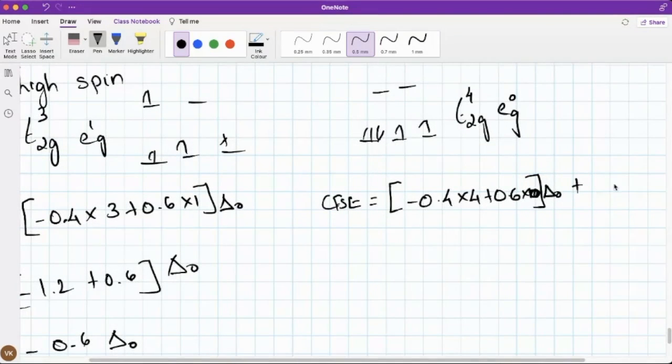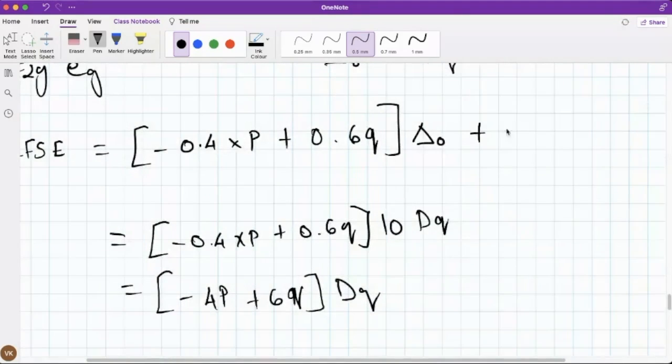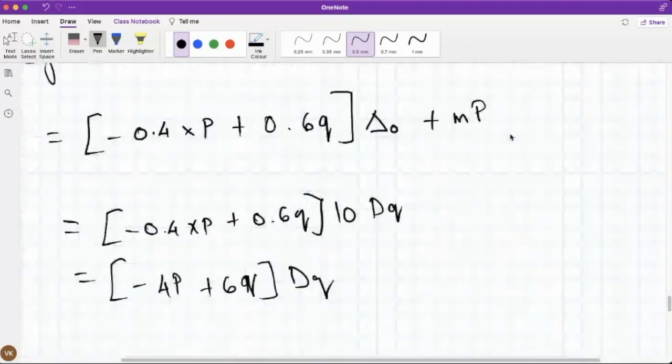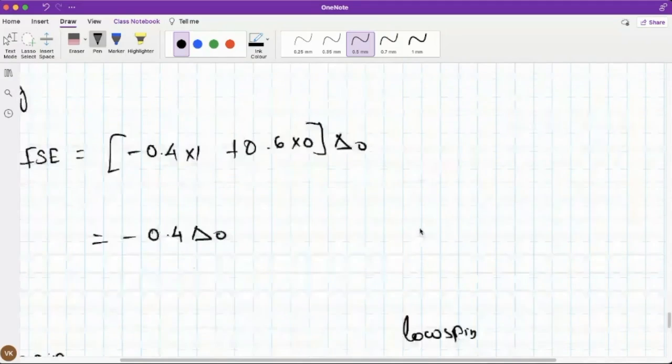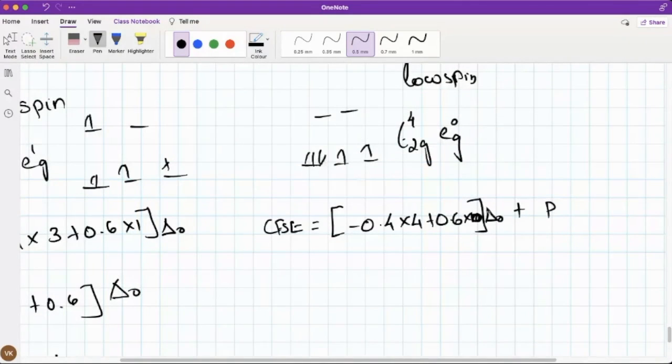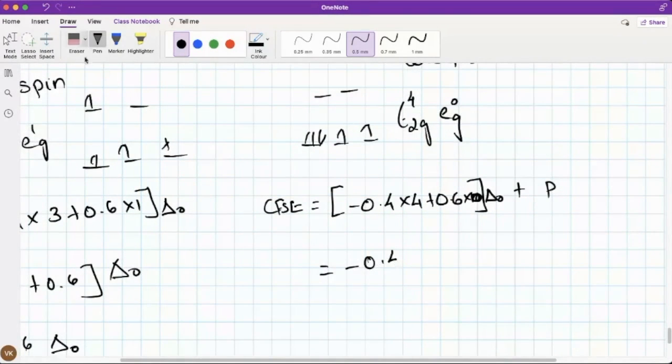These have one pair, so this is P. When you write this, you can write delta naught plus MP, where M is the number of paired electrons. If there are 2 paired electrons, it is 2P, if 3, it is 3P, and so on. In this case there is only one pair, so it is 1P. So the answer is minus 1.6 delta naught plus P.